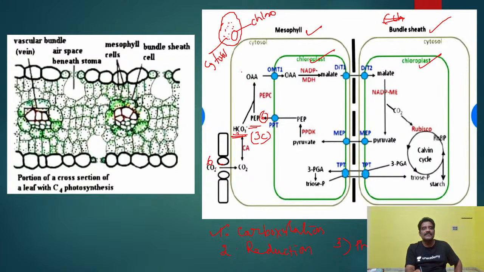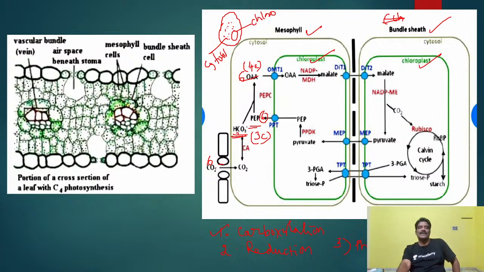Here 6 molecules of OAA are formed, but OAA is a 4-carbon compound, whereas PEP is a 3-carbon compound. By receiving carbon dioxide, one more carbon is added, so the resultant product is a 4-carbon compound, 3 plus 1. Each molecule of OAA consists of 4 carbons.